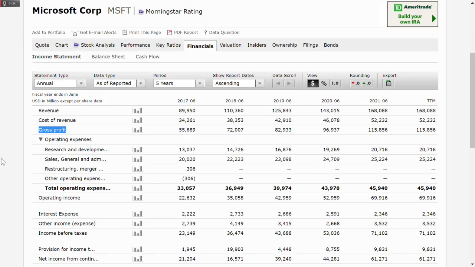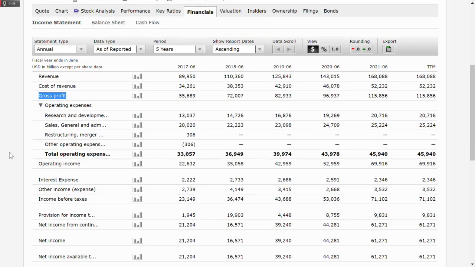Okay, and then below that we have these general operating expenses such as research and development, sales, general and administrative expenses. Some people abbreviate that SGA. If there is any restructuring, and then other operating expenses.